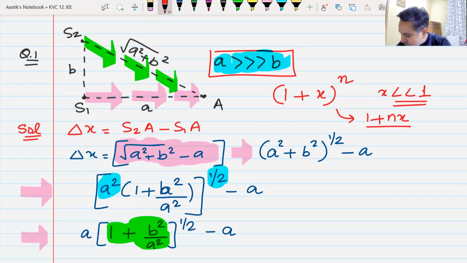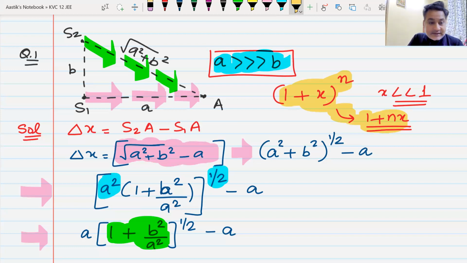Have you seen this? Do you know this binomial expansion? Well, if you don't know, you can just see it and remember it. The expression has to be in the form of 1 plus something raised to the power n. If that something is very small, it can be written as 1 plus nx. Do we understand this? Yes, sir.